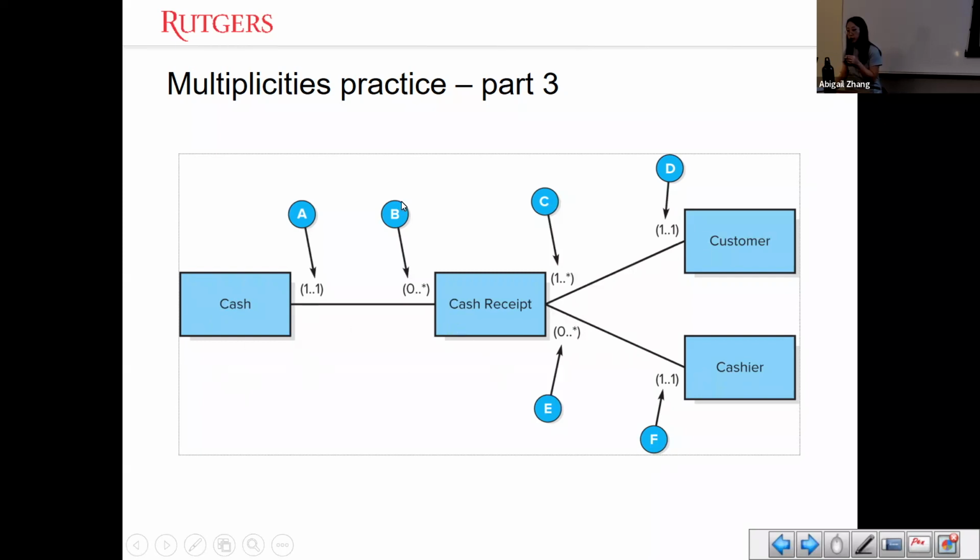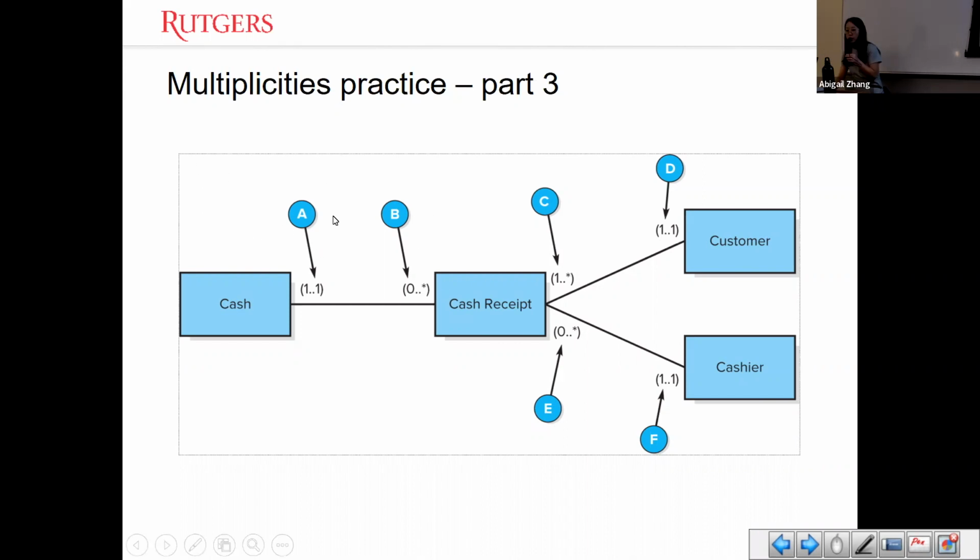So we said that for B, this means for each cash account, let's just think of any bank account, right? Any bank account doesn't have to take any deposit, or it can take multiple deposits, right? That should come from our daily experience directly.